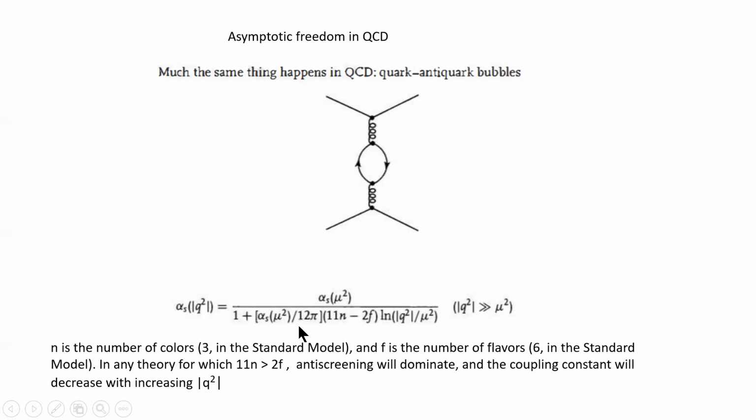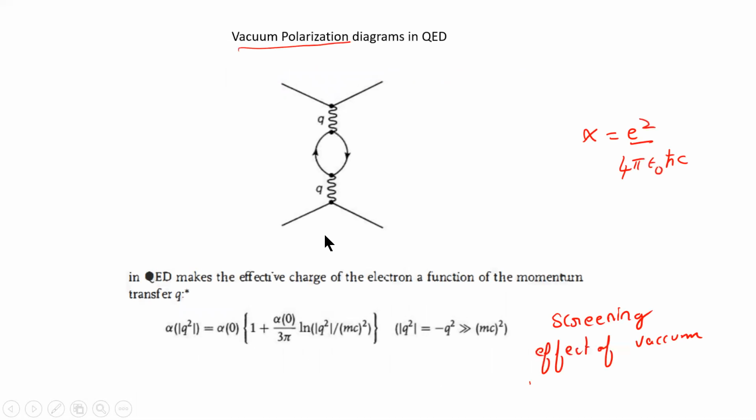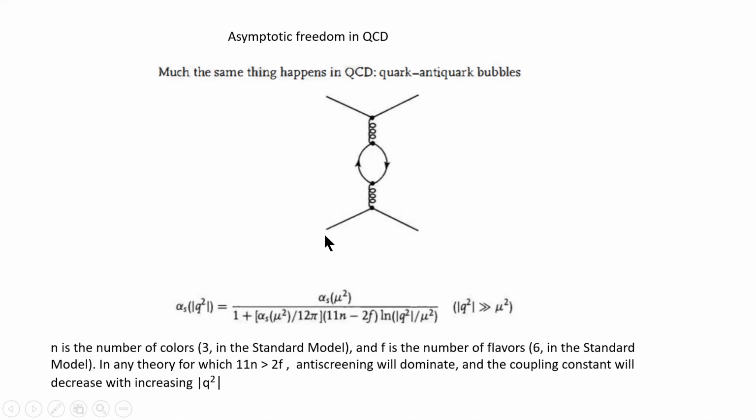Now, you can notice two things in the diagram. Here we have another new factor, n and f. So n is the number of colors. The quarks have 3 colors, and they also come in 6 flavors. In the standard model we have 3 and 6. So wherever 11n is greater than 2f, anti-screening will dominate. That is the opposite effect of what happens in QED.